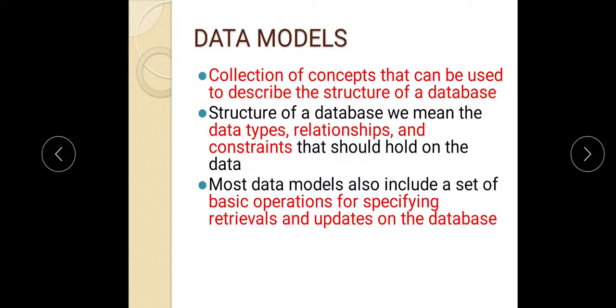For example, we are creating a database called student. There we have 3 attributes or fields: student ID, name, and roll number. Student ID must have the data type integer, student name must have the data type name, and mark must have the data type float.